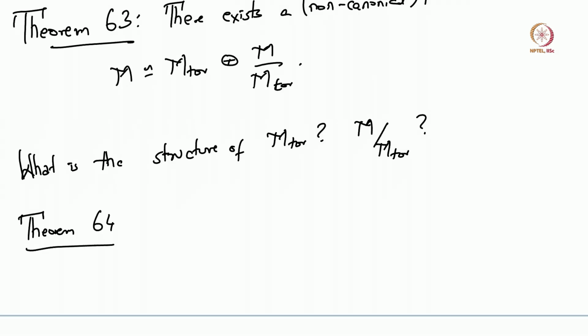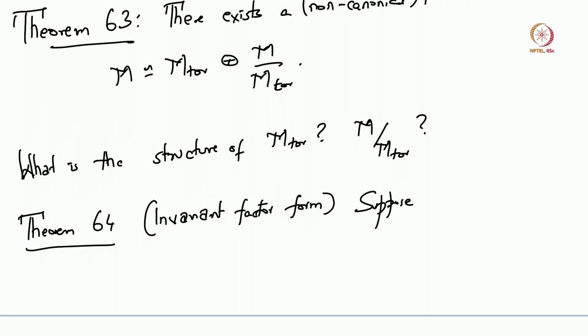Okay, so Theorem 64 is similar to what you know about the structure theorem for finitely generated torsion modules over PIDs. You have this invariant factor form. Suppose a module M is a finitely generated torsion R-module.